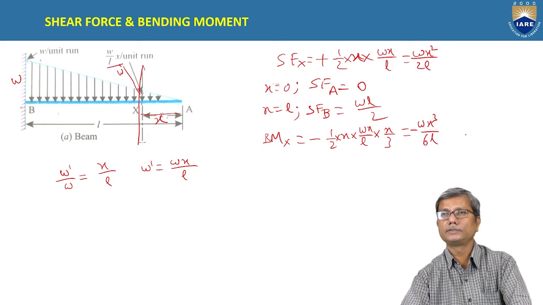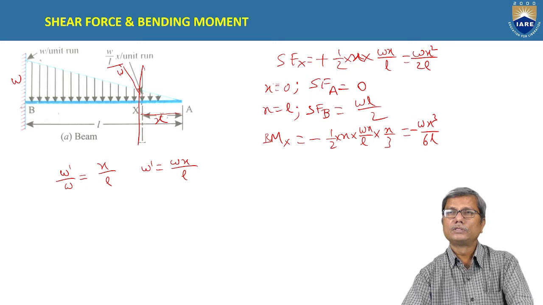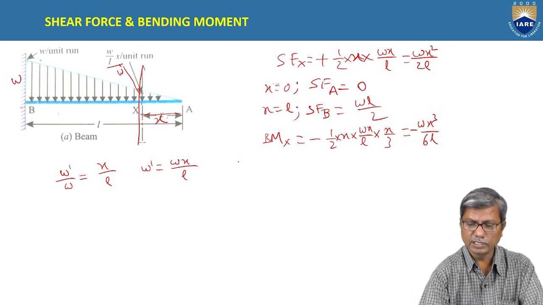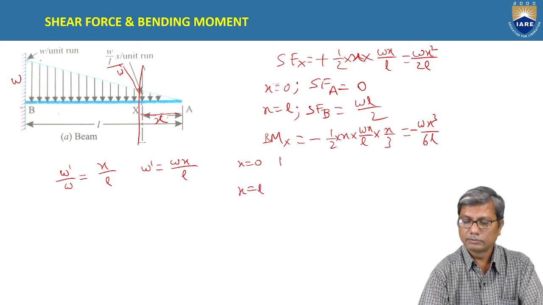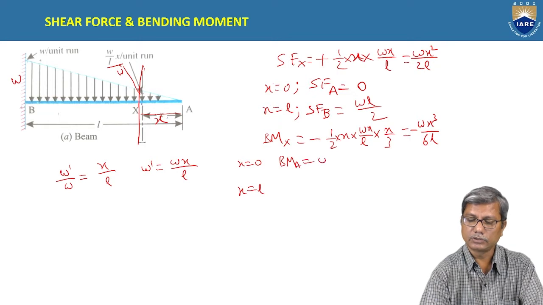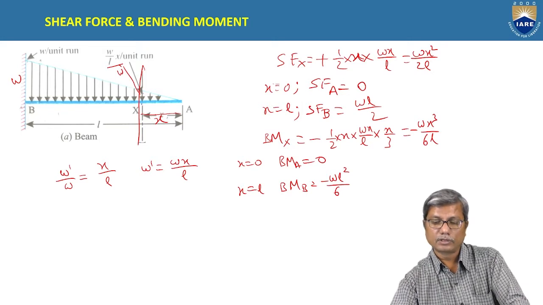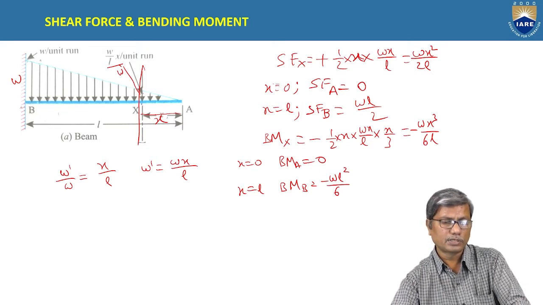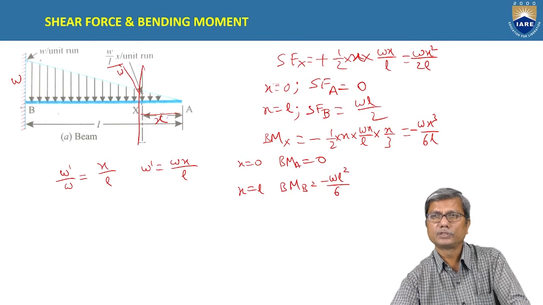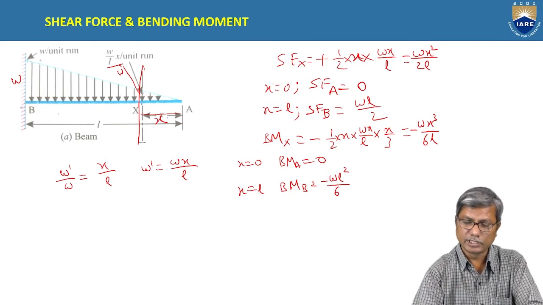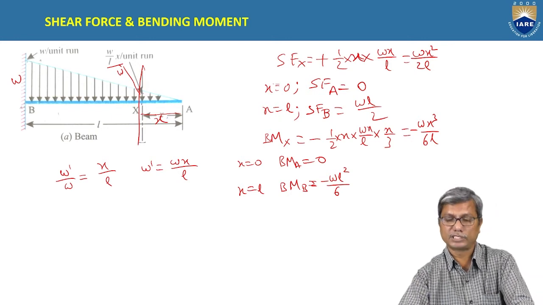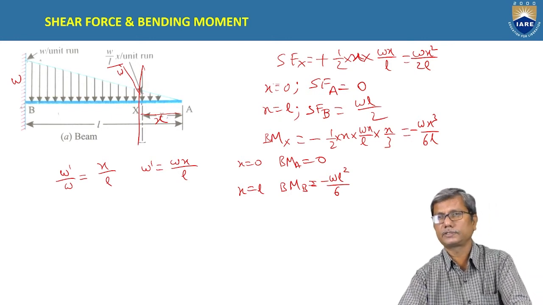Here we find the bending moment at x equal to 0 and at x equal to L. Bending moment at A is 0 and bending moment at B, which means at the fixed end, is minus WL square by 6.